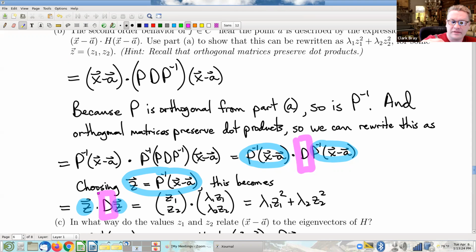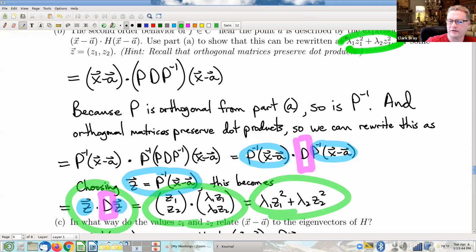I can crank out this expression, Z dot DZ. Well, DZ is easy to write down. D is a diagonal matrix, real easy to multiply that out. And so therefore Z dot DZ is this, which is that, which is what we wanted.